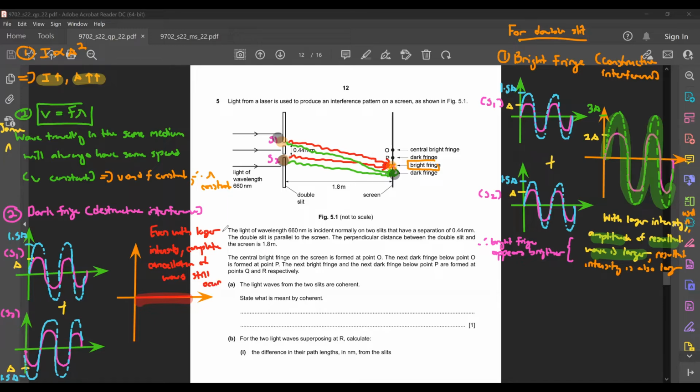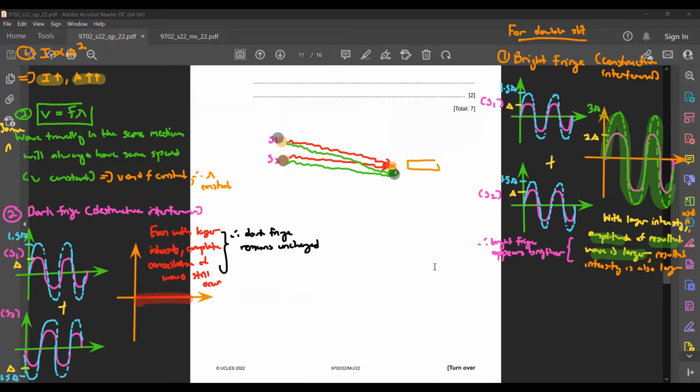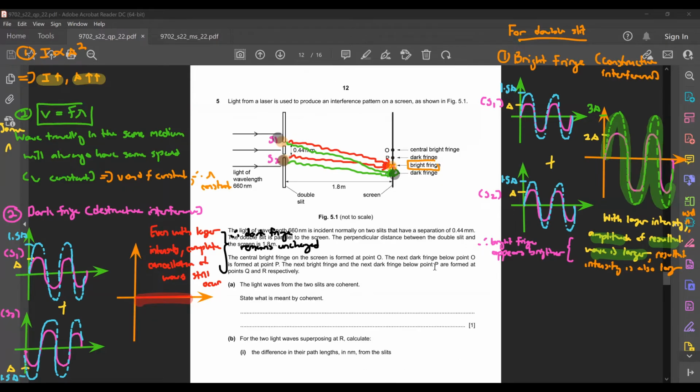Because complete cancellation of waves still occurs, therefore the dark fringe remains unchanged. So here nothing changes, but for the bright fringe before this, it actually becomes brighter still. So the dark fringe remains unchanged. This is the next change that you can see. And then there's another change that you can also mention.